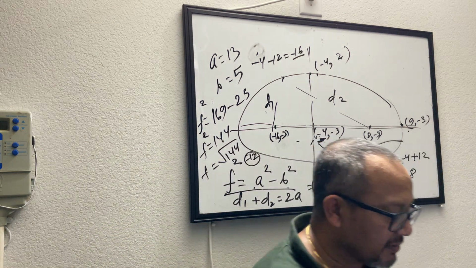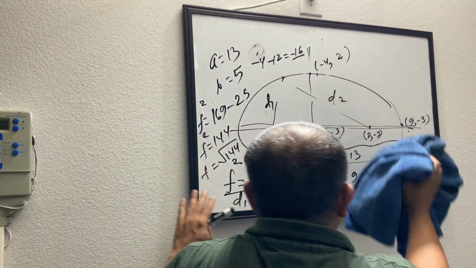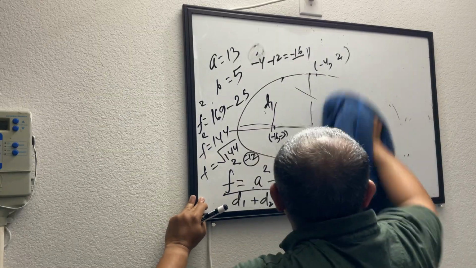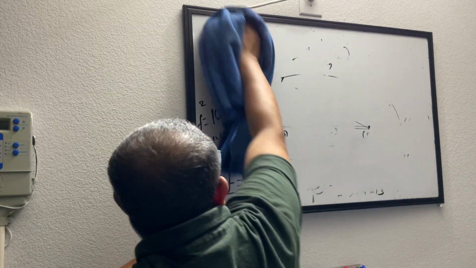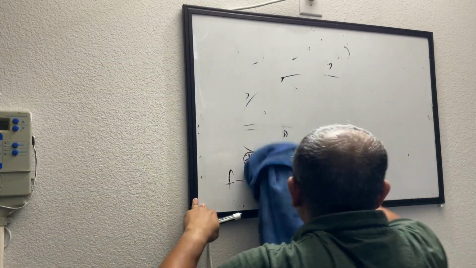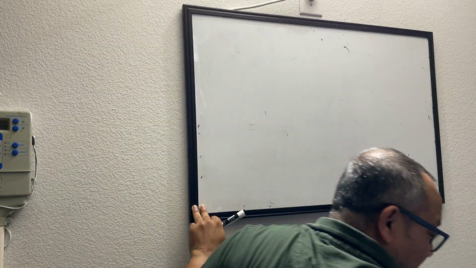So, in summary, if we are talking about ellipse, there are 3 things that we need to keep in mind.